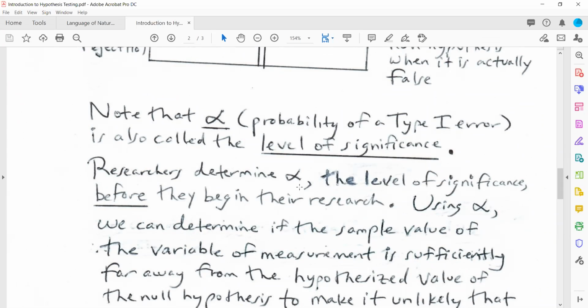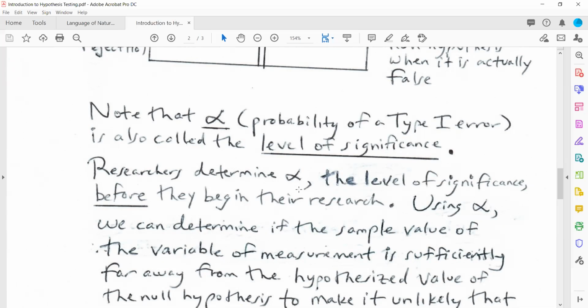Remember, they're trying to reject the null hypothesis, but they don't want to reject it when the null hypothesis is actually true. So they want to make sure that this alpha is a small number.